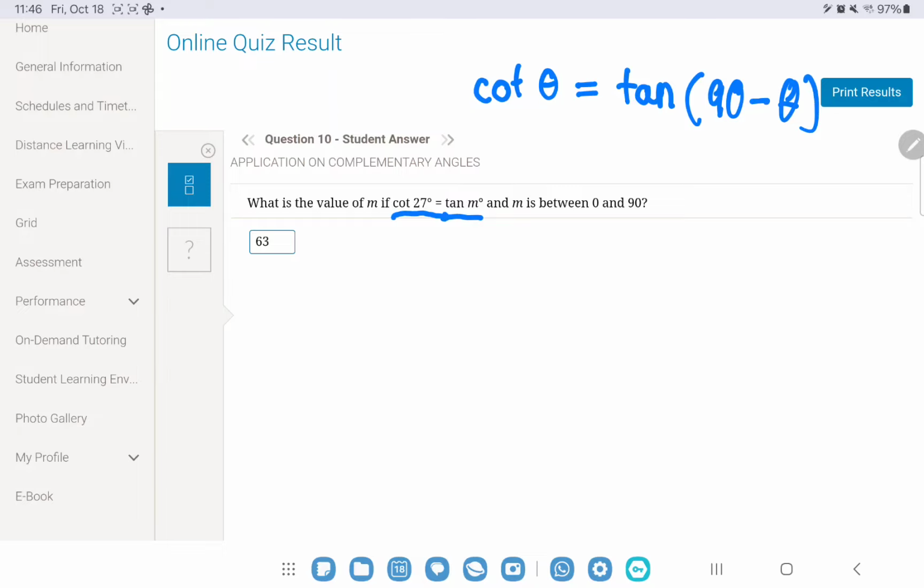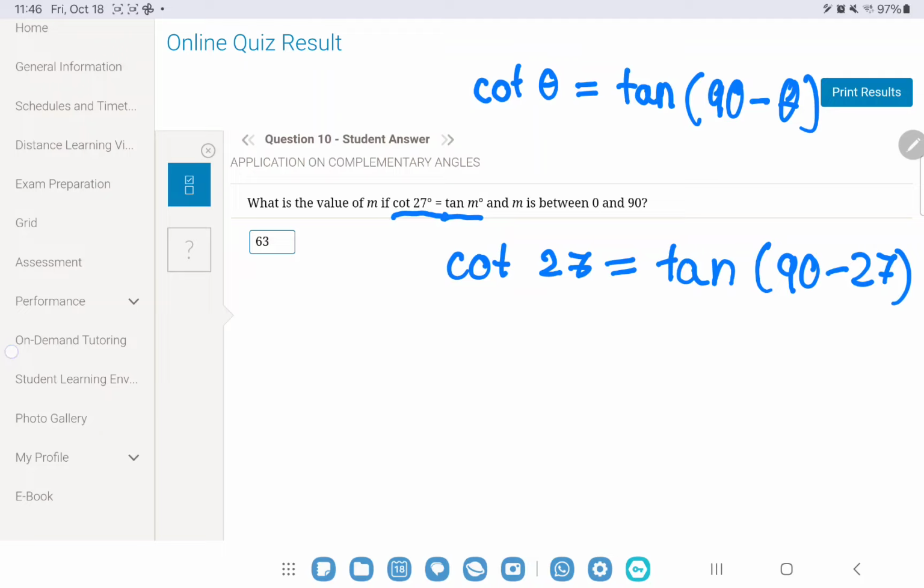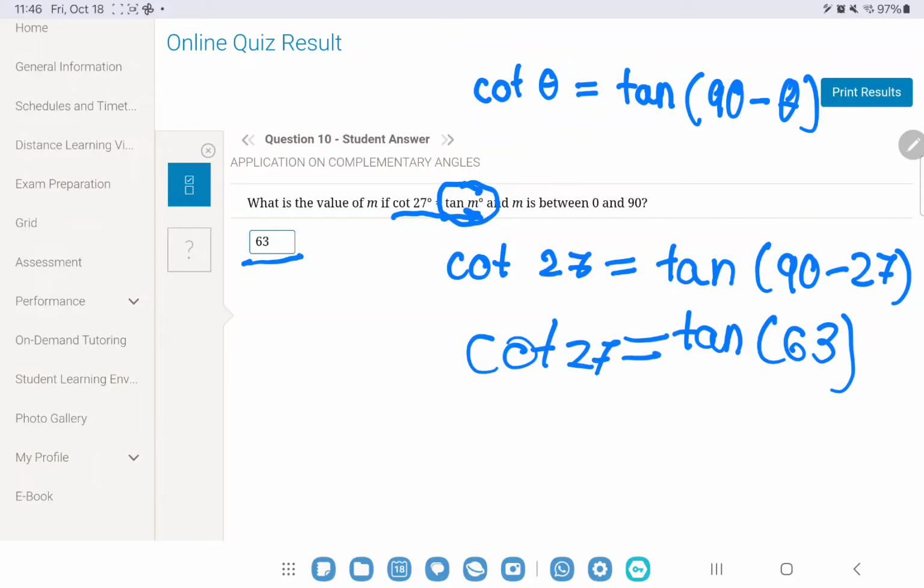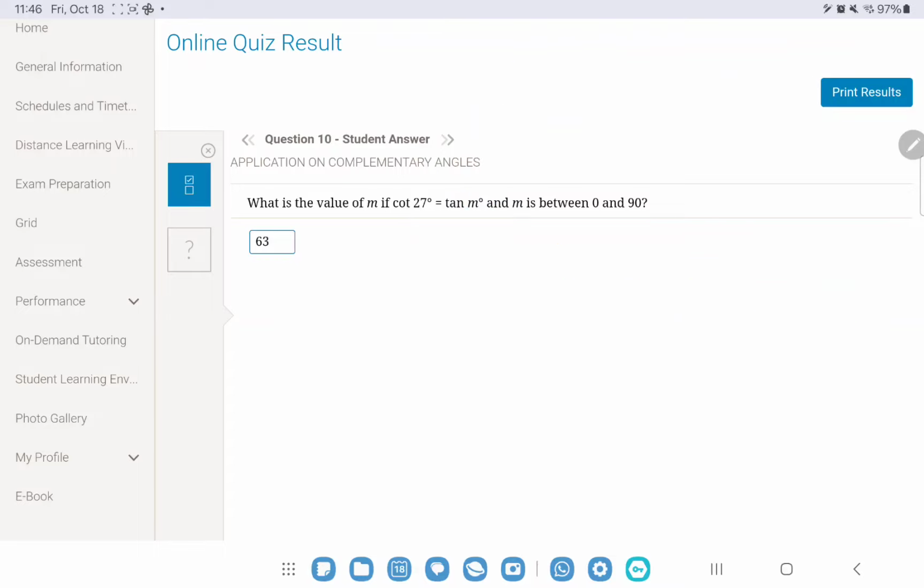So how you use this rule is cotangent 27 equals tangent 90 minus 27. 90 minus 27 is 63, and they want tangent of m. So tangent of 63 equals cotangent 27. Your answer, m, is in the place of the 63.